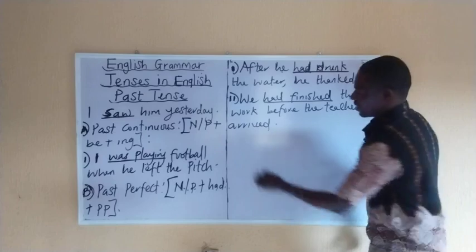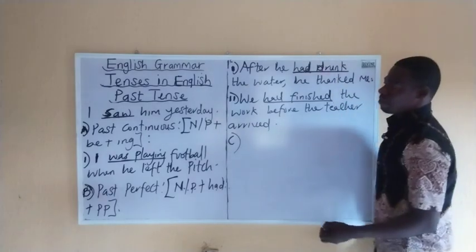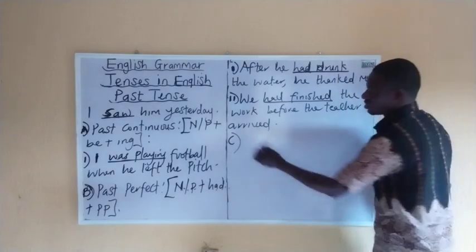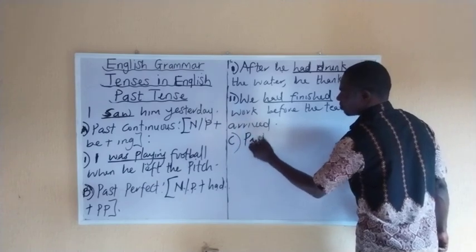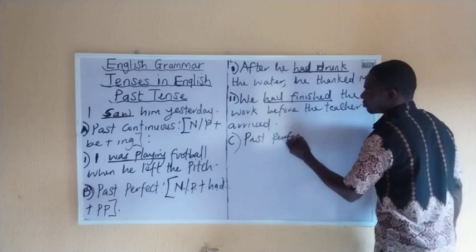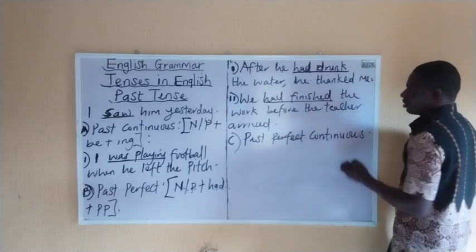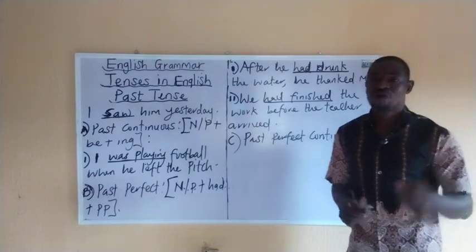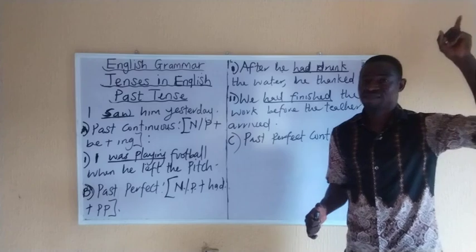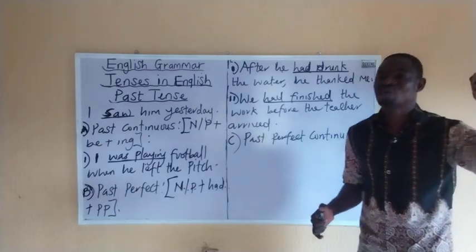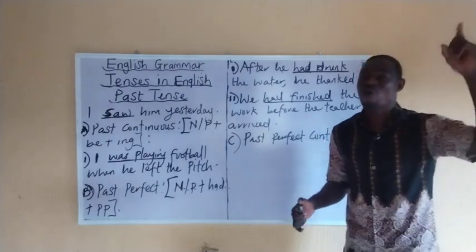The next aspect of the past tense is the past perfect continuous. This is used to show that an action was long in progress before another action or event occurred in the past.